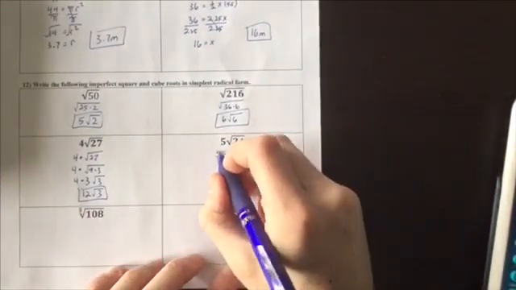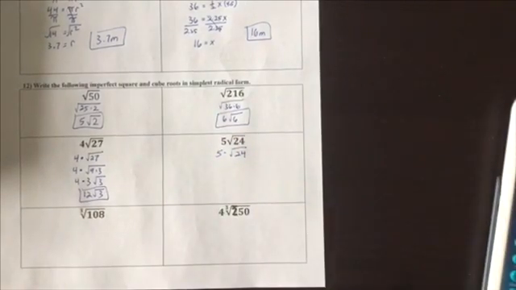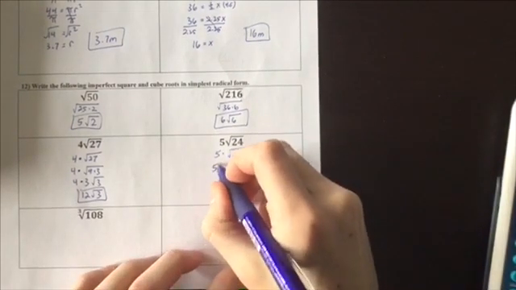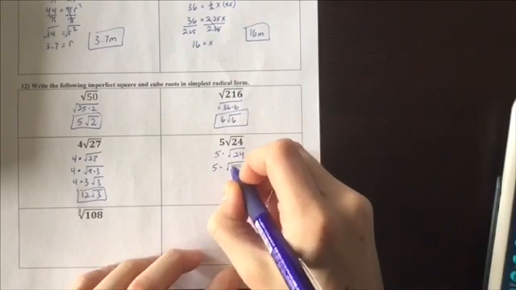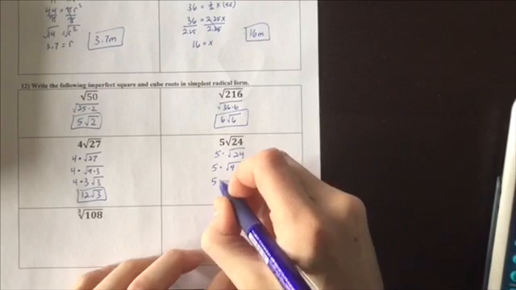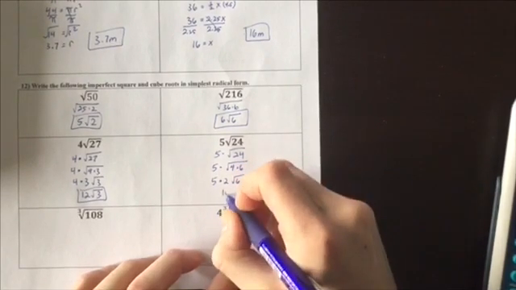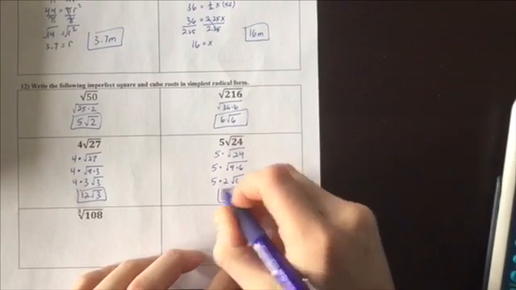We've got 5 times the square root of 24. Largest perfect square factor of 24 is going to be 4. Right, so that's going to be 5 times the square root of 4 times 6. Square root of 4 is 2. So 5 times 2 rad 6, which would be 10 rad 6.